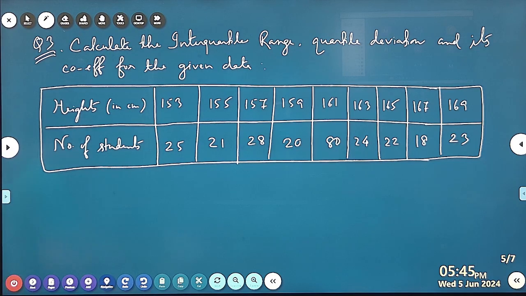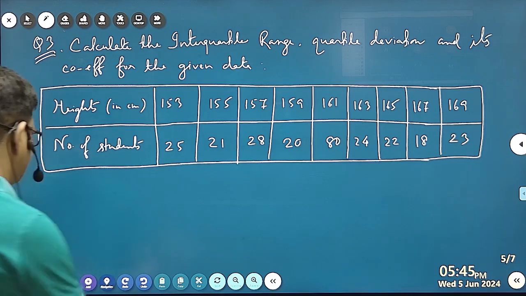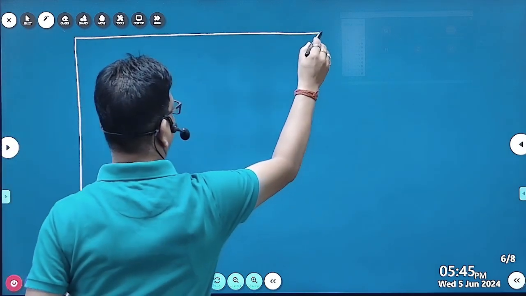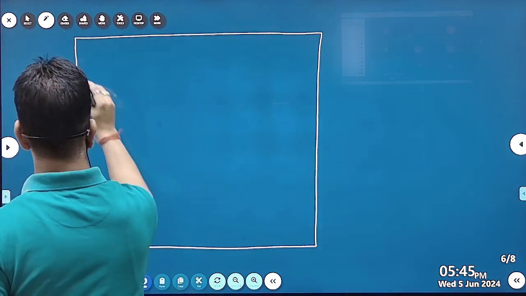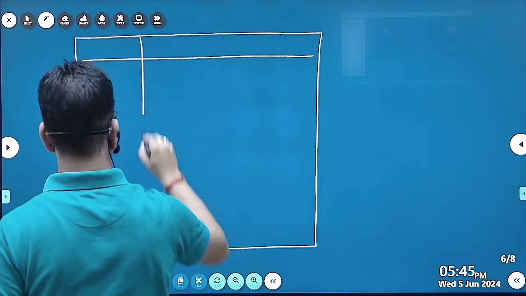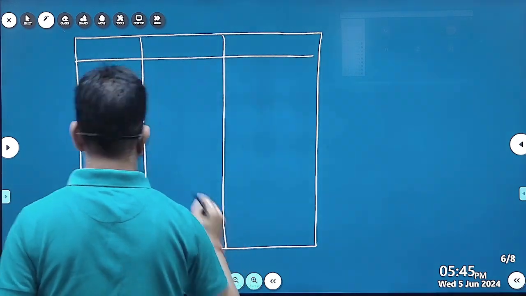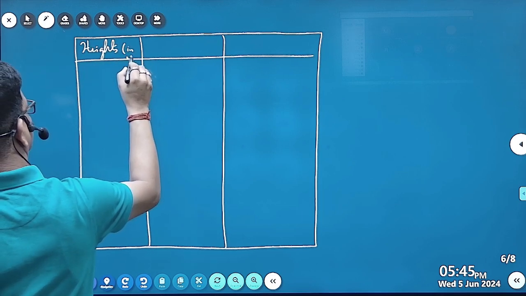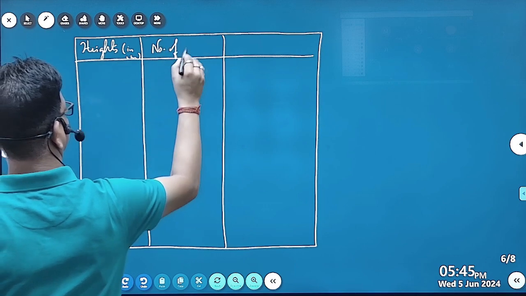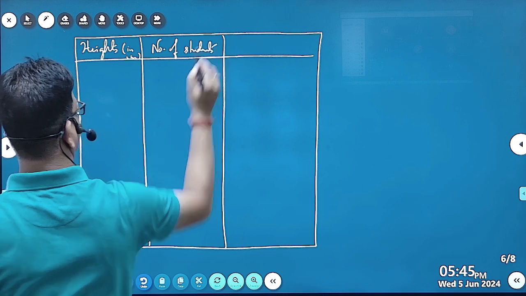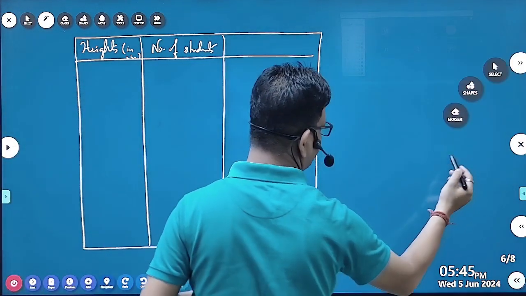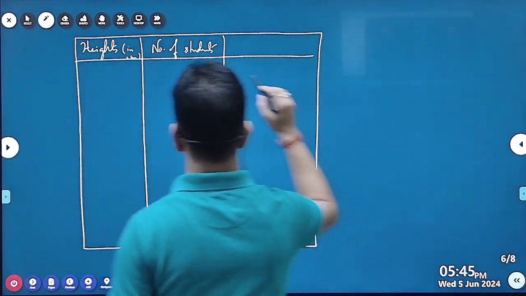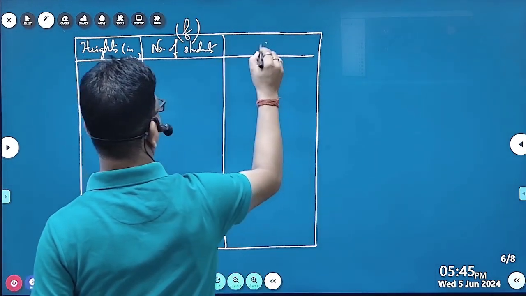So it will go like this. These are heights, number of students. Heights in centimeter, and this is number of students here. Now the number of students we used to take as F. This one we take as F, as you know, and this will be CF.